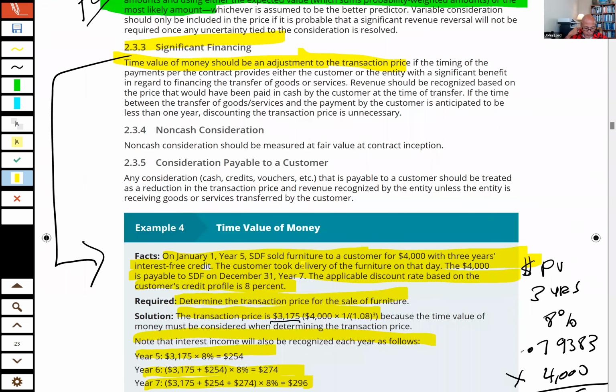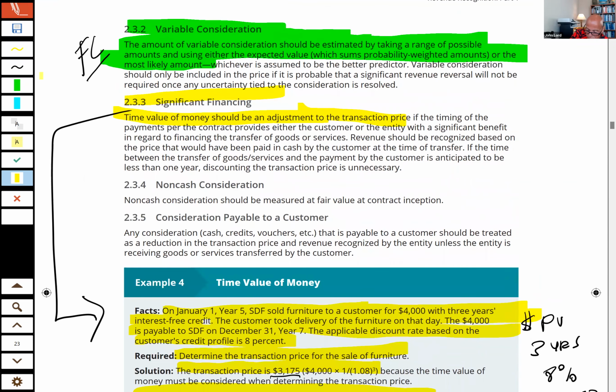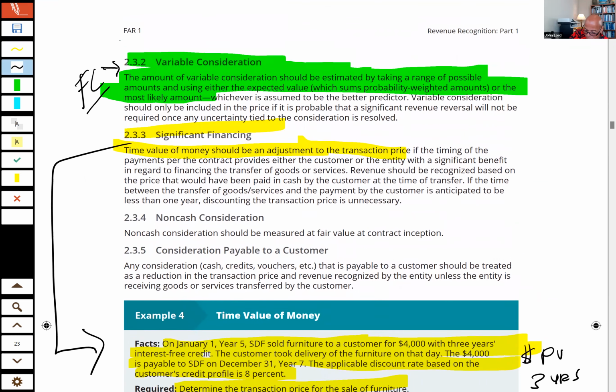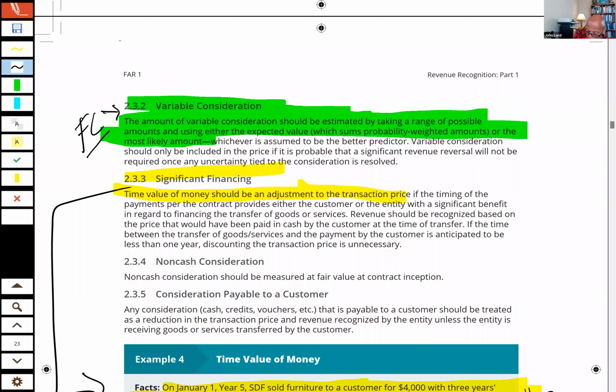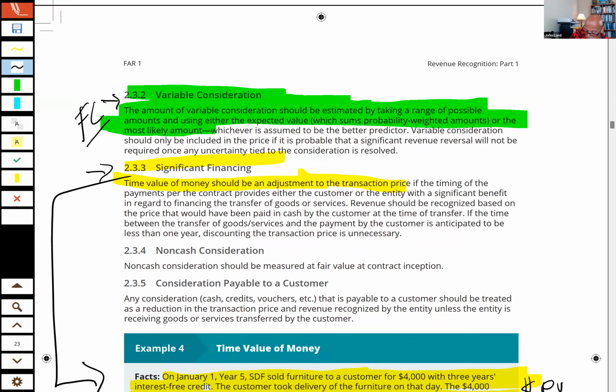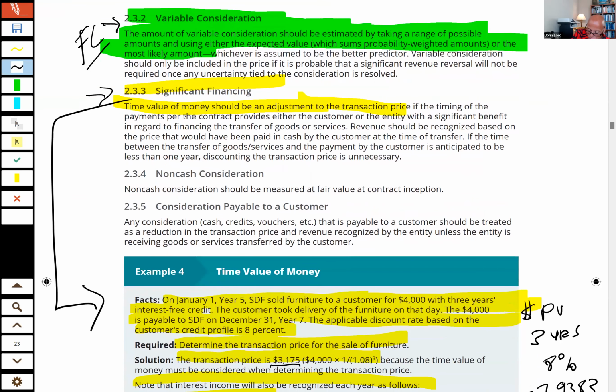Okay, now you come over, and so when I say flashcard, once you flashcard the 3 variables here, the 3 factors that would affect the price: the variable consideration, the significant financing, non-cash consideration would be based on the fair value of the non-cash items.